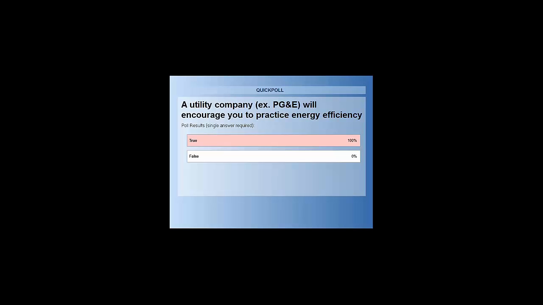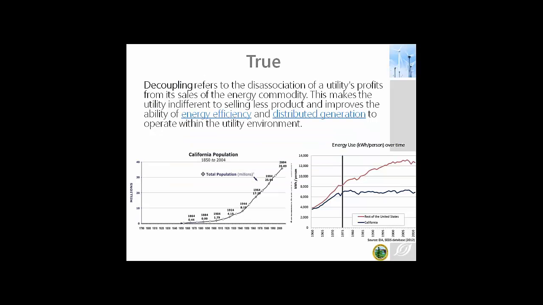We could go to the next slide. Okay, sorry about that. Had to hide the poll. All right. That's true. Our utility companies are what's called decoupled. Decoupled utilities refers to the disassociation of a utility's profits from its sales of energy. So basically what that means is PG&E is not making all their money from getting you to use more energy.